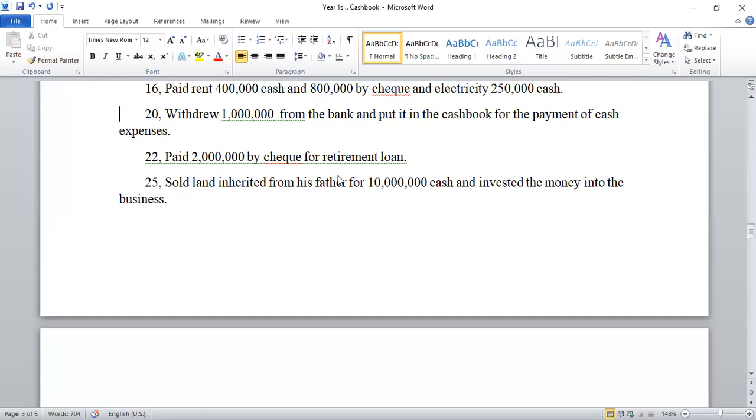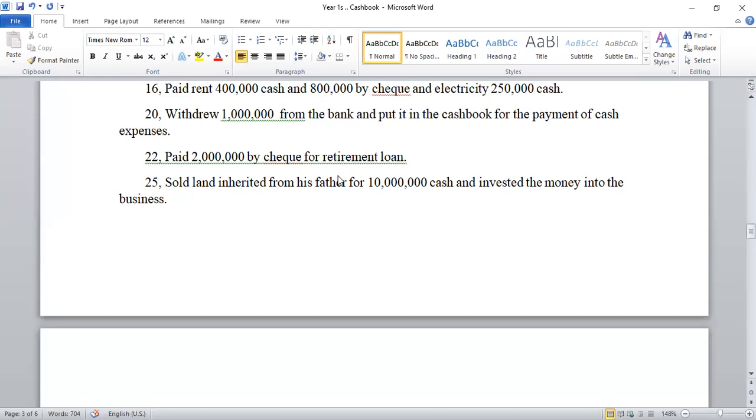Okay, so I told you that all assets have a normal debit balance. And because they have a normal debit balance, the opening balance will always be on the debit side. When they're increasing, they increase with the debit entry, and when they're reducing, they reduce with the credit entry. That is similar with the expense account.